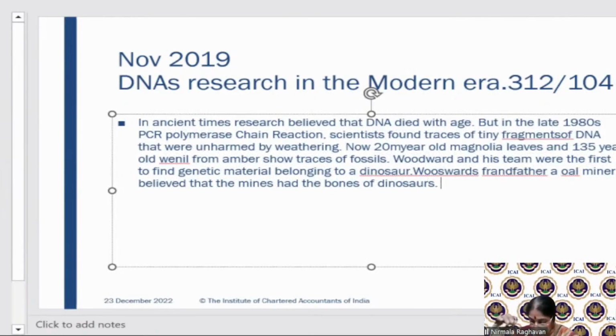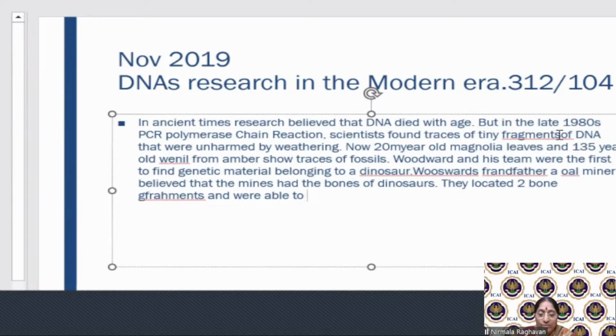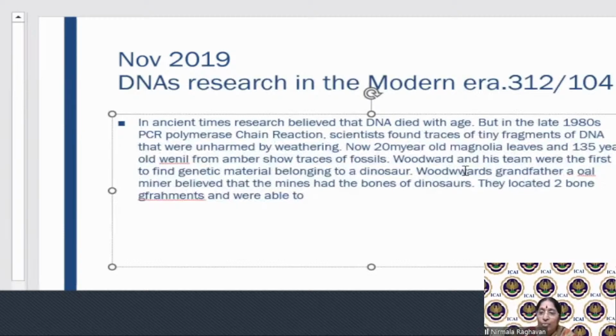They located two bone fragments and were able to mark the sequence.